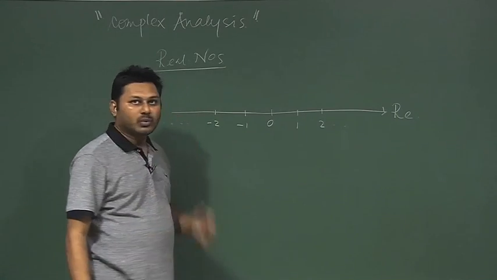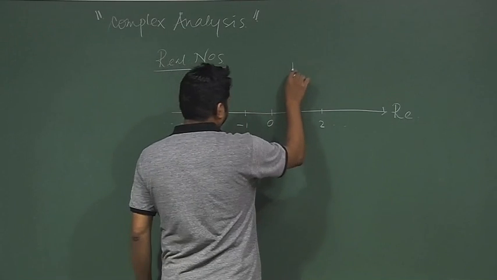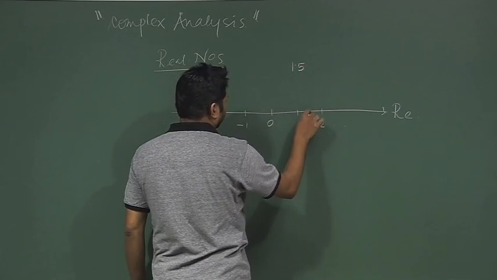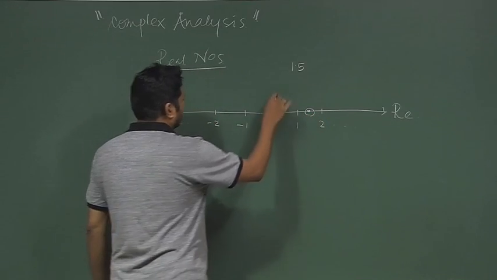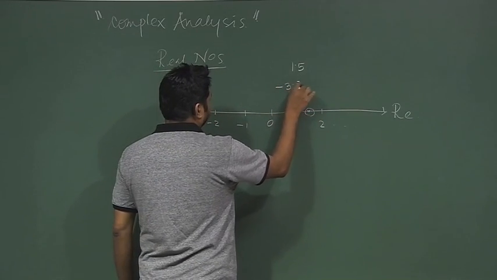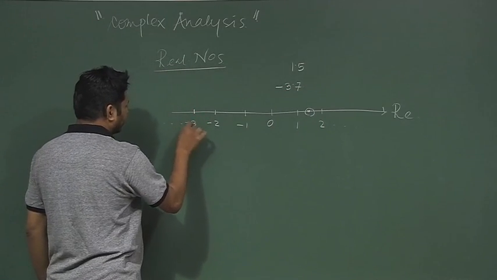If I choose one particular number, say 1.5, it will be placed here. -3.7, another number, will be placed somewhere here.